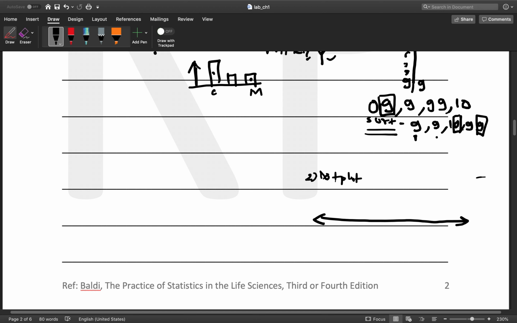So in this case, if I want to represent this data with the scale of 0 to 10, 10 to 20, 20 to 30, 30 to 40, 40 to 50, 50 to 60, 60 to 70, 70 to 80, 90, and 100. Notice that I have created this scale by looking at the data first.